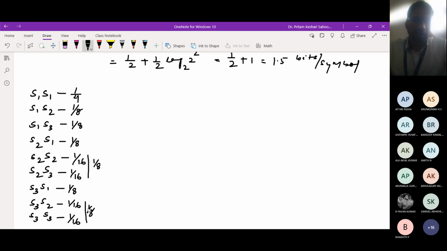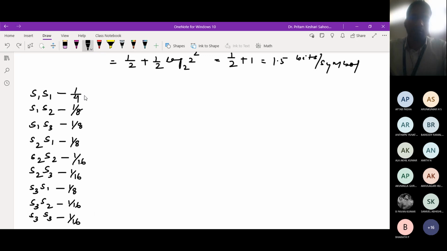This 1 by 8 plus this 1 by 8 will be 1 by 4, and the same for the other pairs. So here 1 by 4, here 1 by 4, here 1 by 4, and here 1 by 4. So 1 by 4 plus 1 by 4 plus 1 by 4 plus 1 by 4, you will get 1.